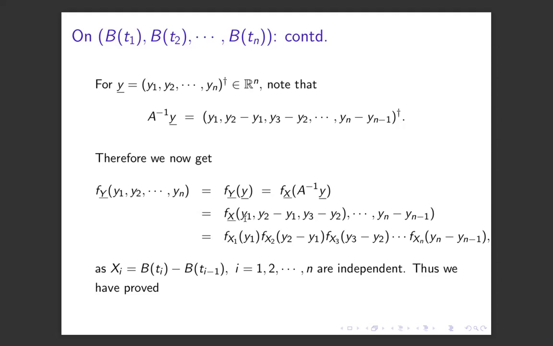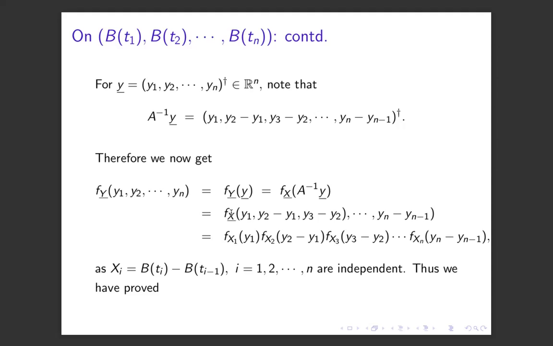Since A inverse y is this point in Rn, f sub x at A inverse y is f sub x at (y1, y2 minus y1, y3 minus y2, etc.) and yn minus yn minus 1. Please remove this parenthesis. No parenthesis here. This is a typo.